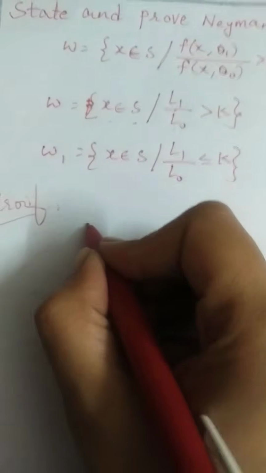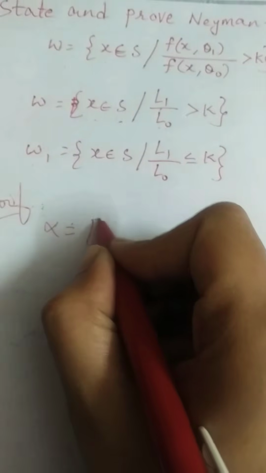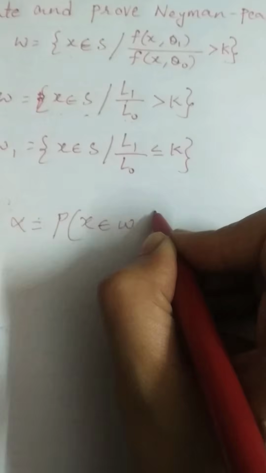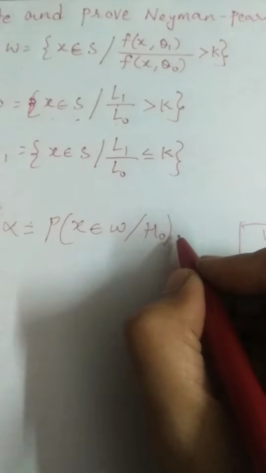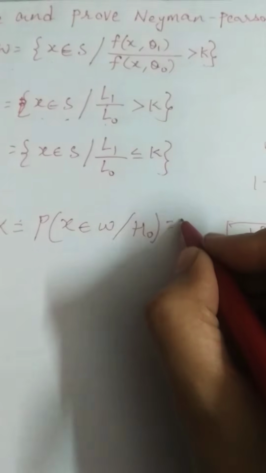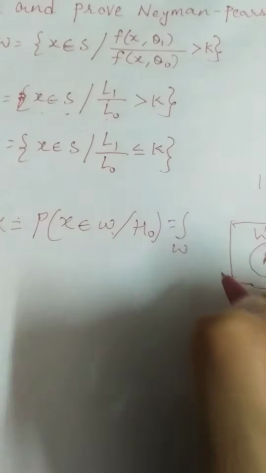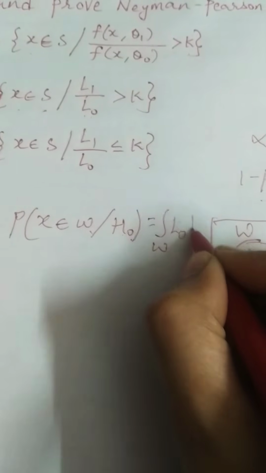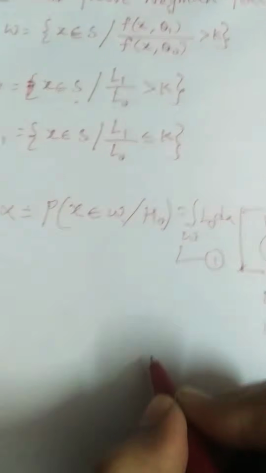In the proof, the first thing is what is alpha. Alpha is equal to P of x belongs to omega given h naught, which is the integral over omega of L naught dx. This is equation 1.